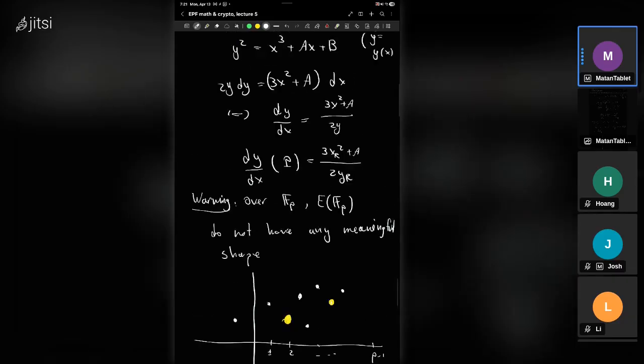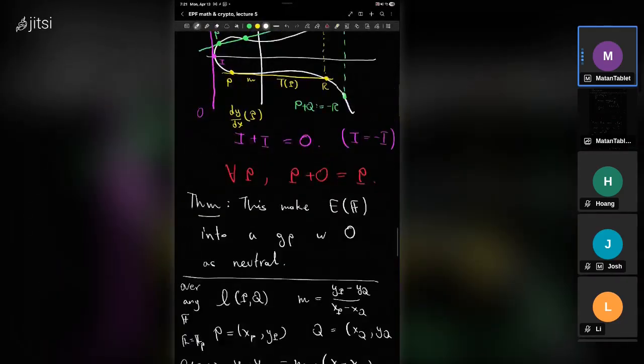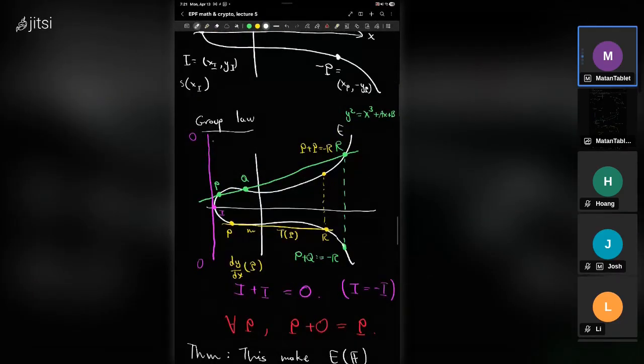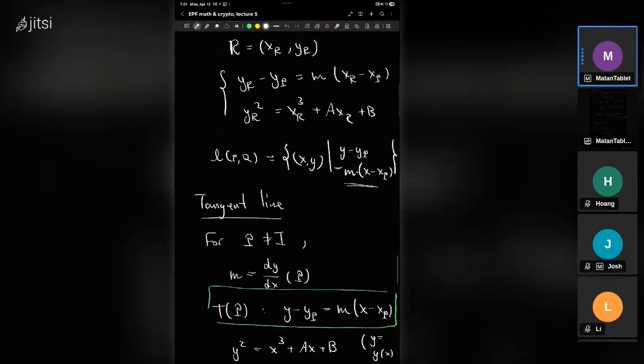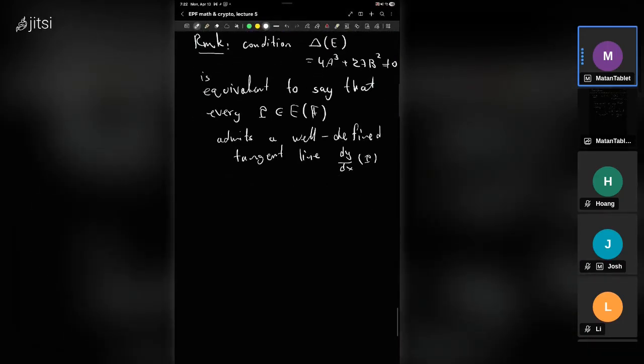I want to allow a tangent line with slope equal to infinity only in the case where I have a line parallel to the y-axis, and all the rest of them need to have a well-defined tangent line.